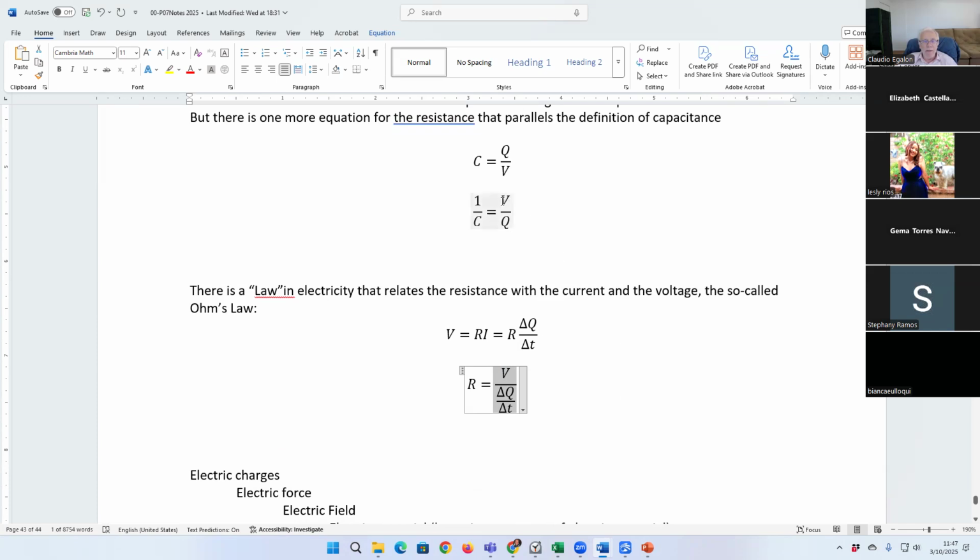The incapacitance is directly proportional to V, and I'm going to change it to a red color, right? The resistance is also proportional to V. The incapacitance is inversely proportional to Q. And the resistance is also inversely proportional to Q. This is no coincidence, okay, folks?